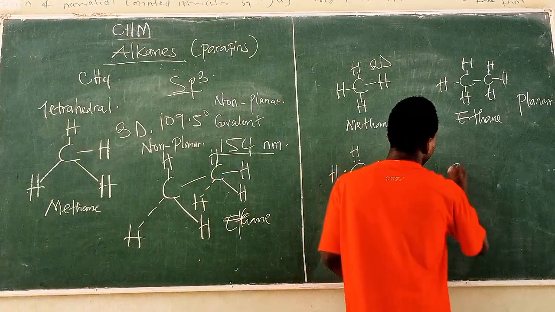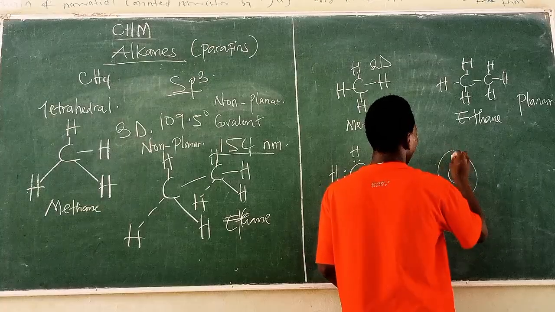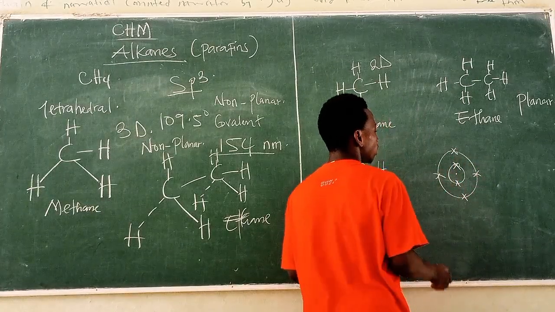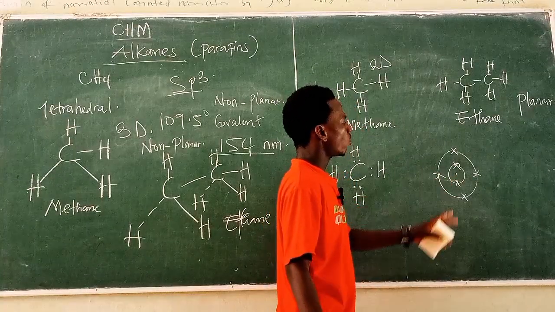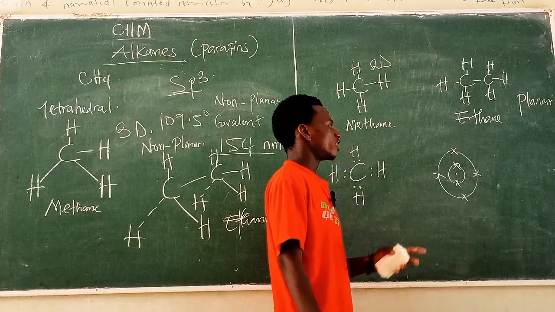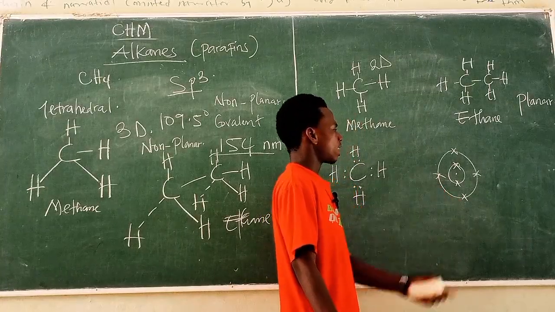For that, let's draw this. This is the electronic configuration of carbon with an atomic number of 6. Now, we know that the first shell contains only 2 electrons, while the second shell contains 8 electrons. But instead, carbon has only 4 electrons in its outermost shell.